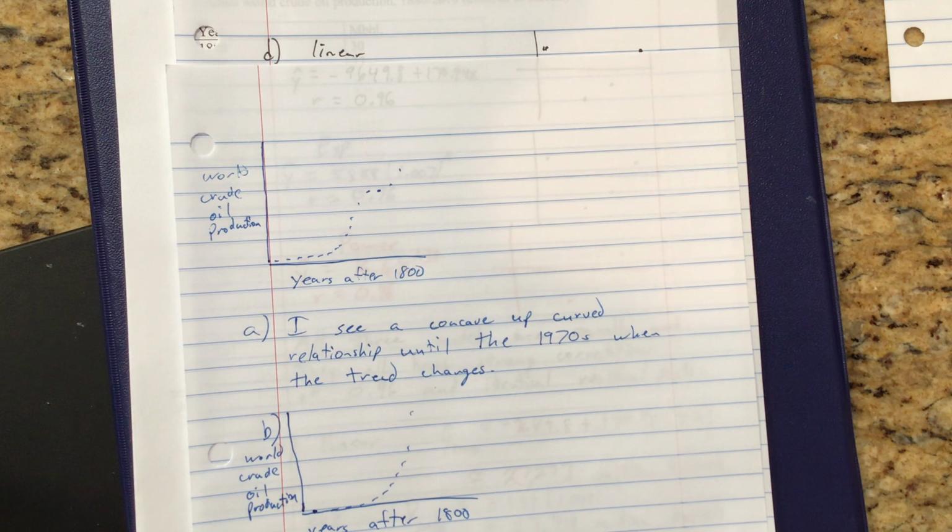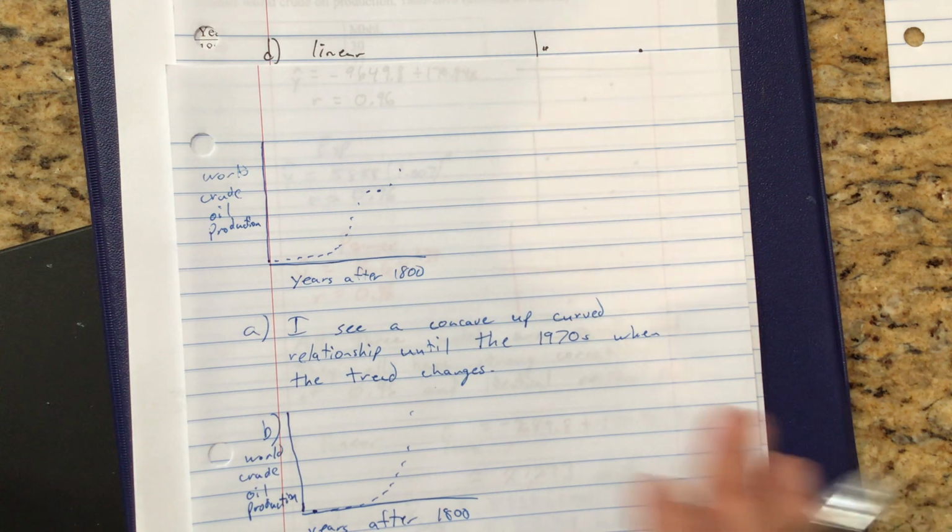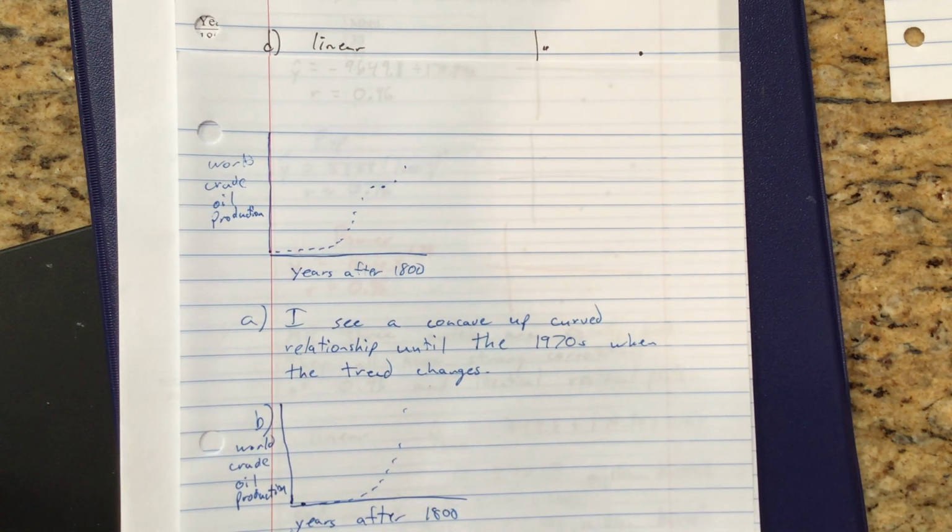Right, so you didn't live through the 70s, but you hopefully know about the oil embargo and the big crisis of the 70s as far as trying to get gas in the U.S. at least. This is when OPEC started flexing their might, so to say. So, yeah, it's not a surprise that we see a big change in the pattern in the 70s.